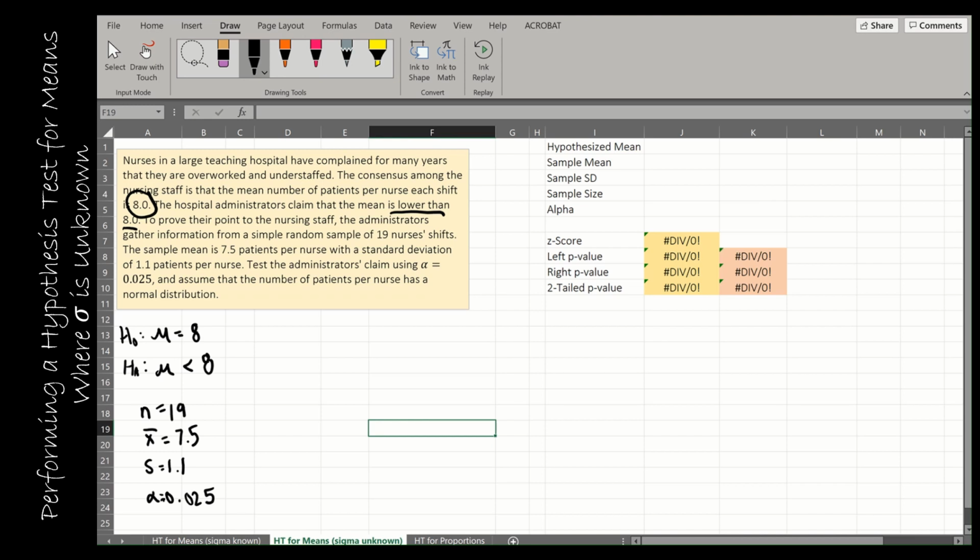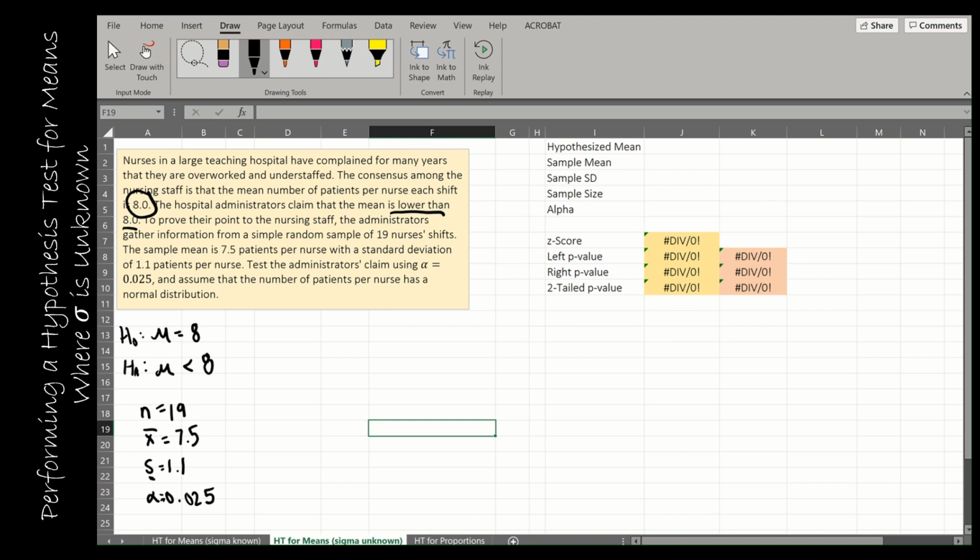Because we are dealing with S and not sigma, that tells us that this is a t distribution, not a normal distribution, which means when we're working through this, we should be using the t distribution and t inverse for any of the functions that we're going to use.